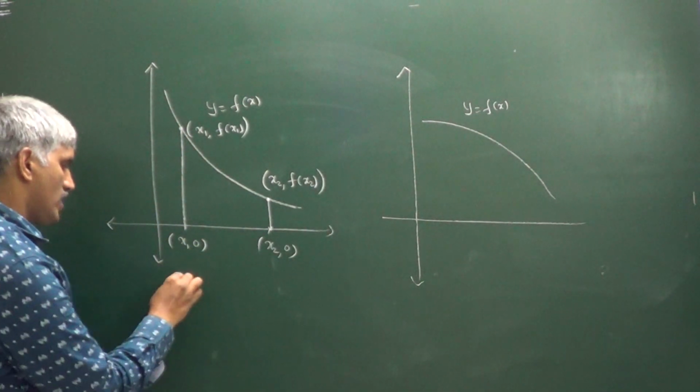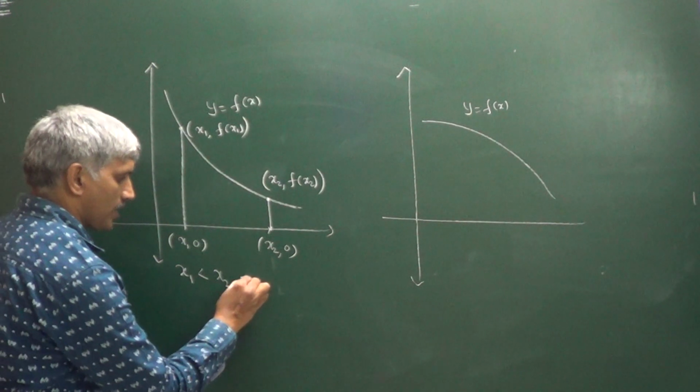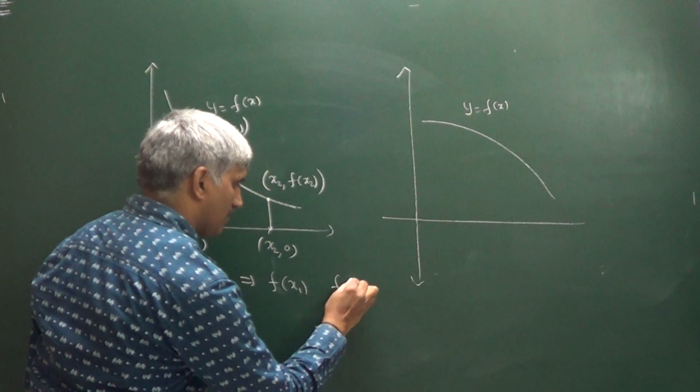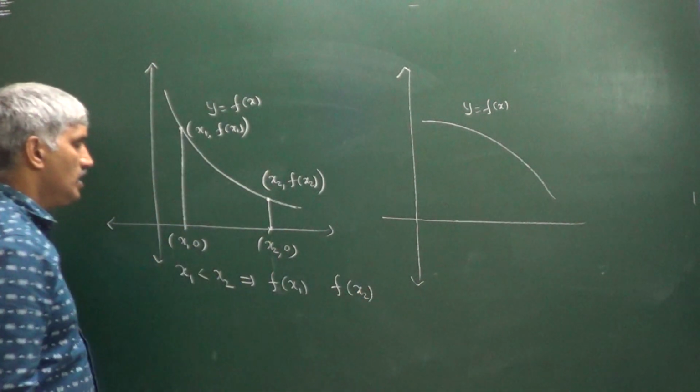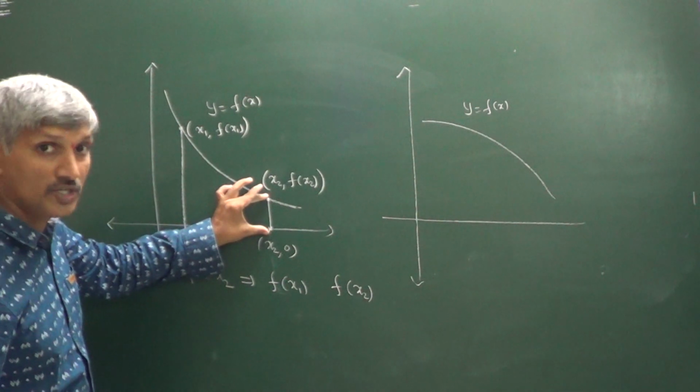No doubt, whenever x1 is clearly less than x2, right, can you tell me what is f(x1) and what is f(x2)? Observe, f(x1) is nothing but this height. f(x2) is nothing but this height.